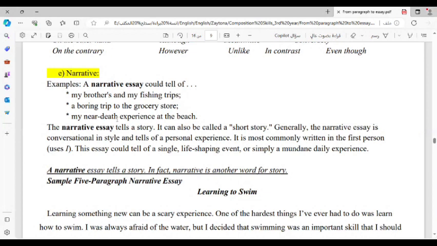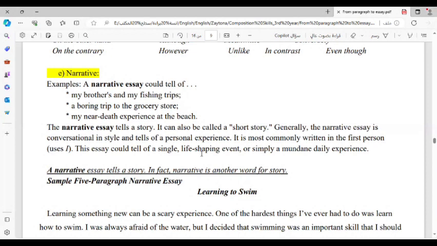It might be, for example, a funny story or a scary story. The function is to tell a story. So the narrative essay tells a story. It could also be called a short story. Generally, the narrative essay is conversational in style and tells of a personal experience.